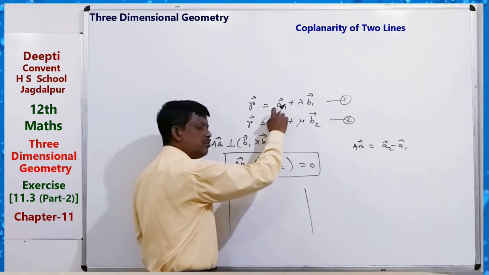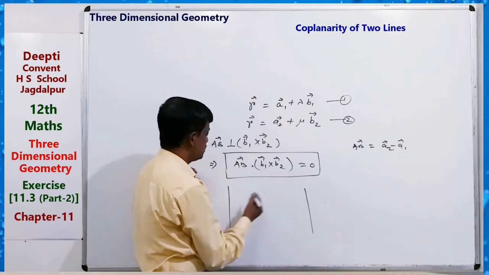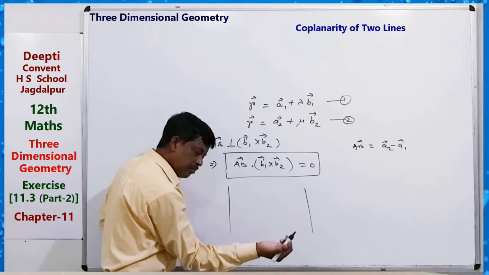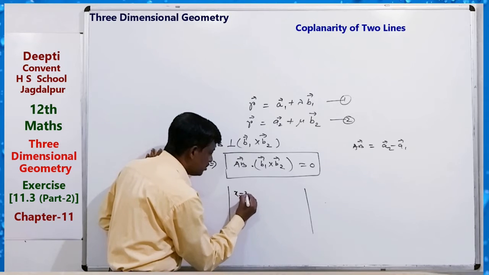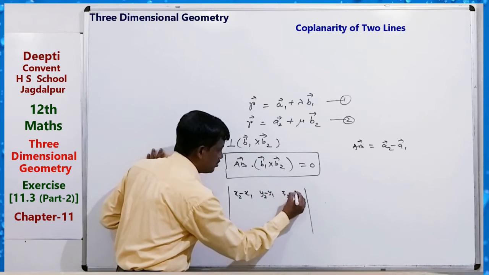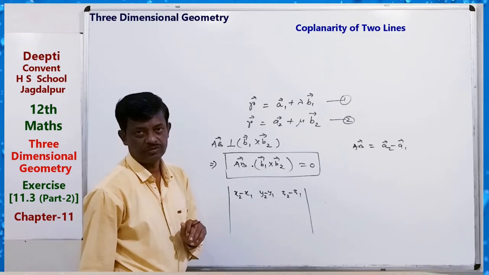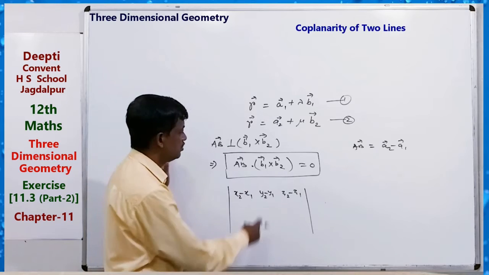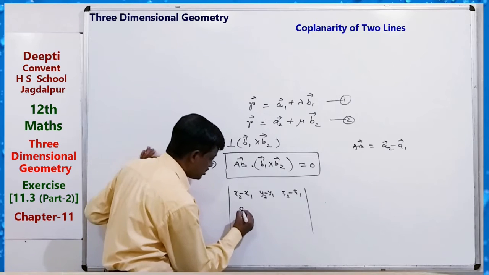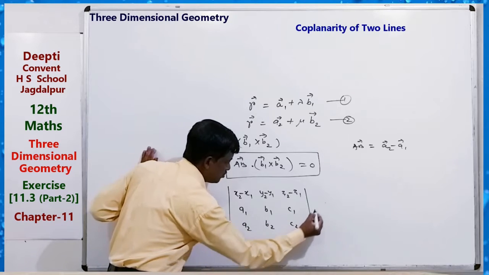So A2 minus A1 means x2 minus x1, y2 minus y1, z2 minus z1 along i, j, k. Then write the direction ratios of the two lines: a1, b1, c1 and a2, b2, c2, the scalar components. So the determinant of these three rows equals 0.